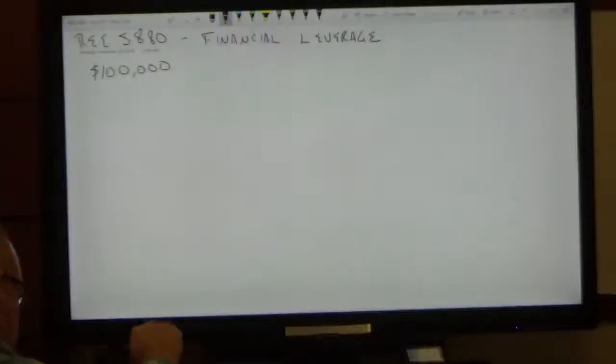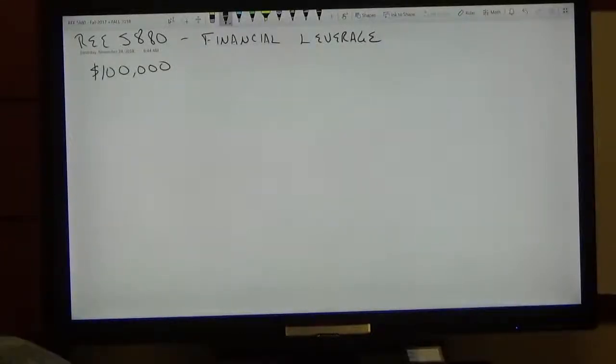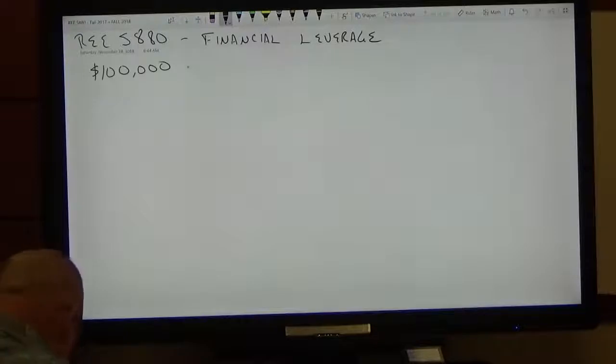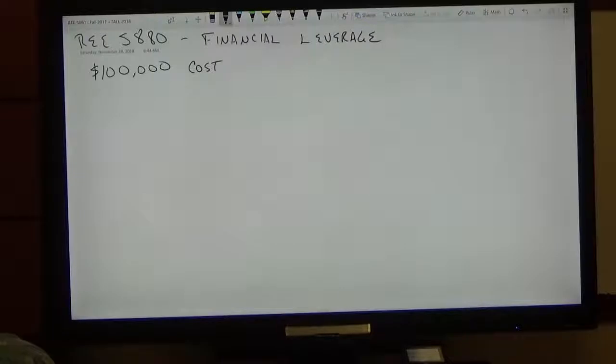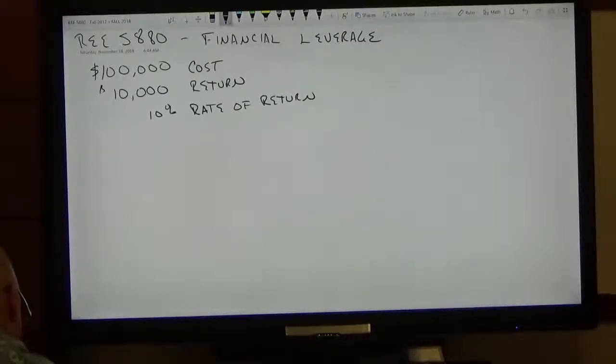So an all equity deal might be a project that costs $100,000, and the return each year that this project throws off is $10,000. So your rate of return is 10%. Does that make sense? Which is pretty much just ROI, or almost like a cap rate.